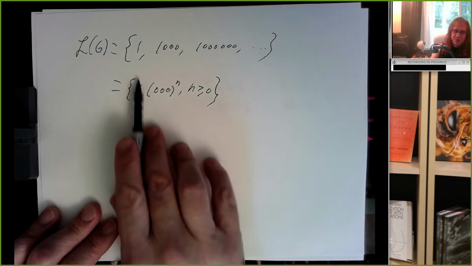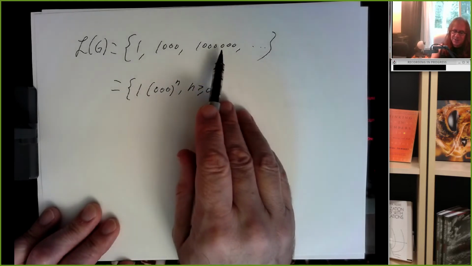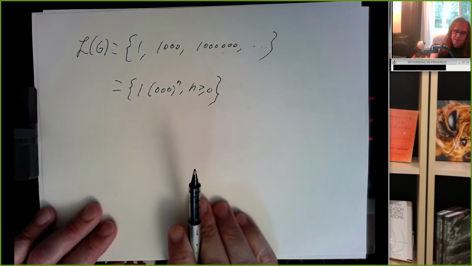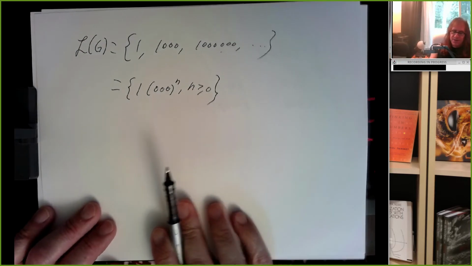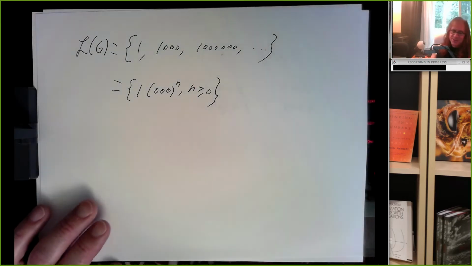So it could just be 1, or it could be 1 followed by 3 zeros, or 1 followed by 3 zeros followed by 3 zeros, and so on. And so these are all the decimal numbers that we have names for: 1,000, million, billion, trillion, and so on.